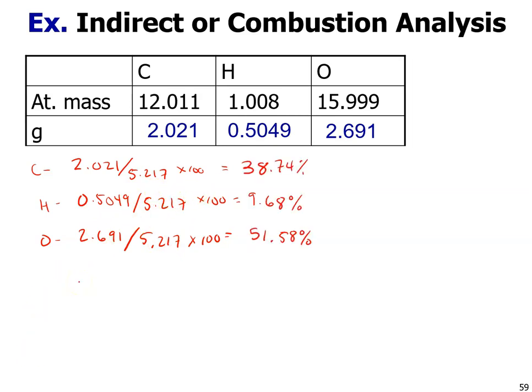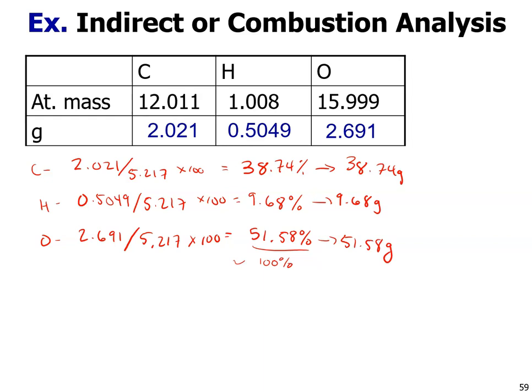This gives me percentages of about 38. If I add those up, they are going to be approximately 100%, which is good. Then I can convert those back into grams associated with a 100-gram sample. I would have 38.74 grams, 9.68 grams, and 51.58 grams.